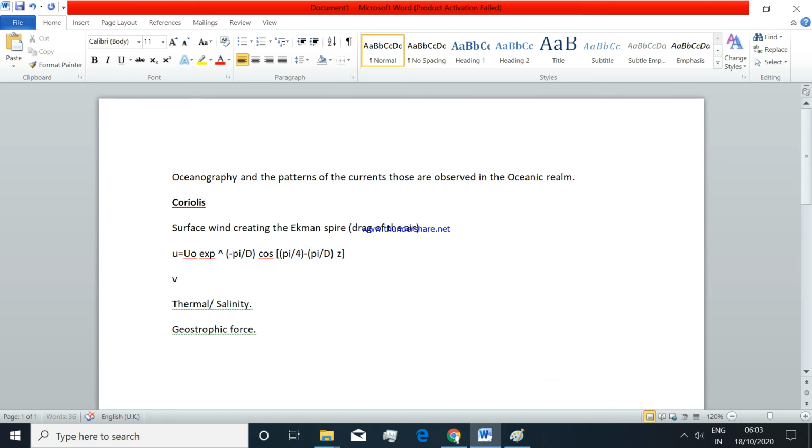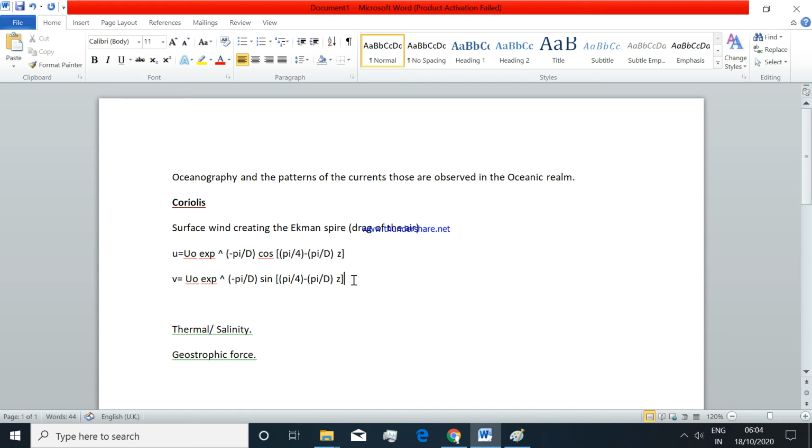as well as another equation which takes into account V is equal to U naught into the exponential of this term, which just gets changed in terms of cos.